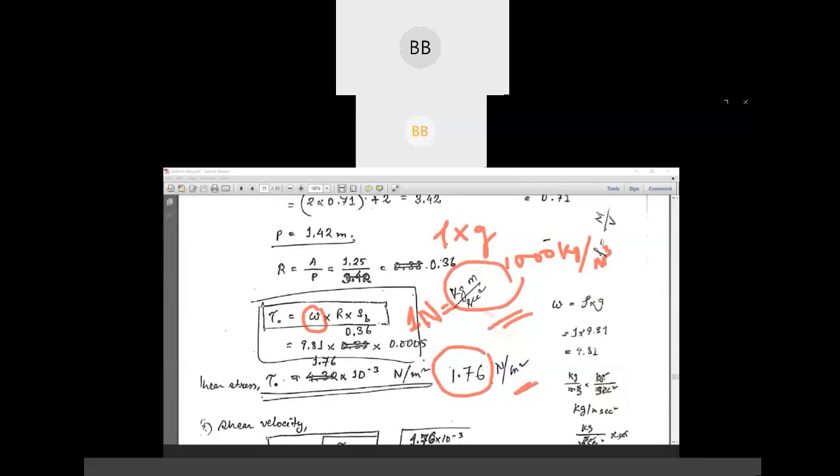If you consider 1 gram per cc, then it will be centimeter cube, then again you have to convert into meter because the other parameters, your hydraulic mean depth or hydraulic radius, are in meter. Whatever you are going to get, it is in meter.